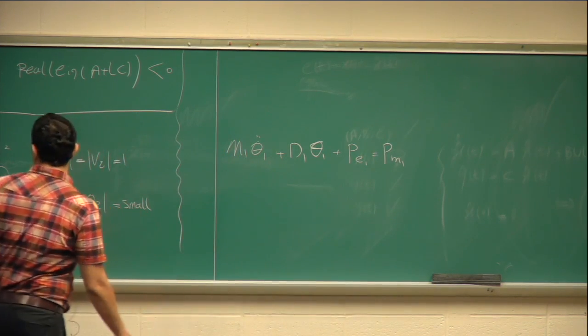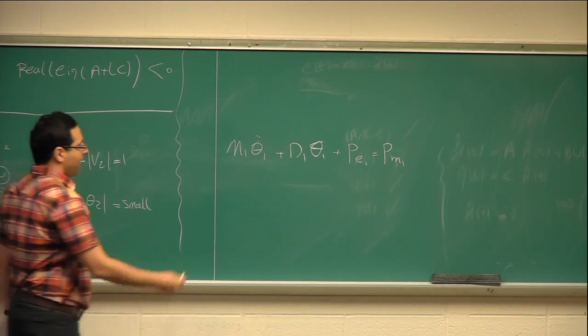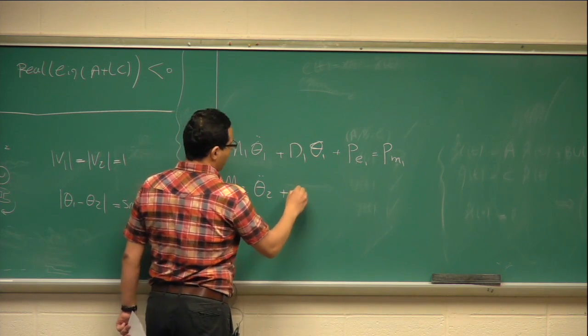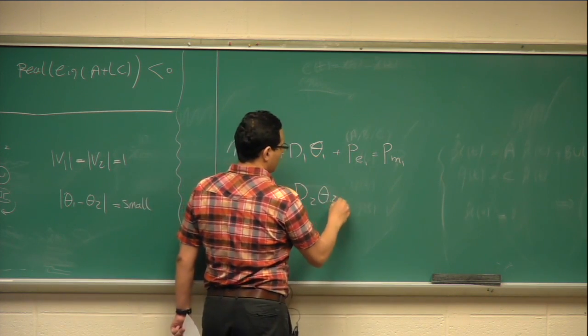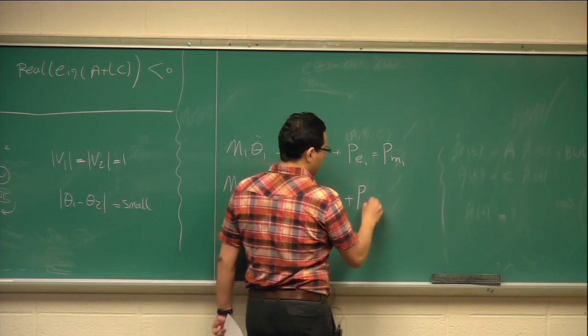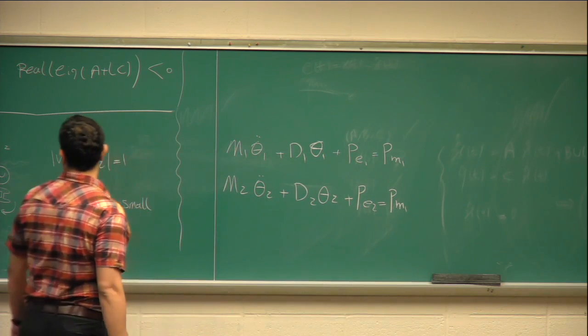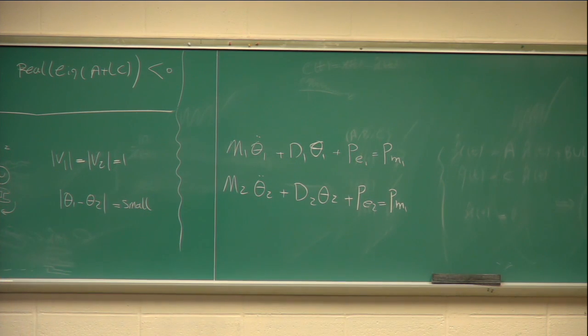You do the same thing over here: M2 theta 2 double dot plus D2 theta 2 dot plus PE2 is equal to PM2.